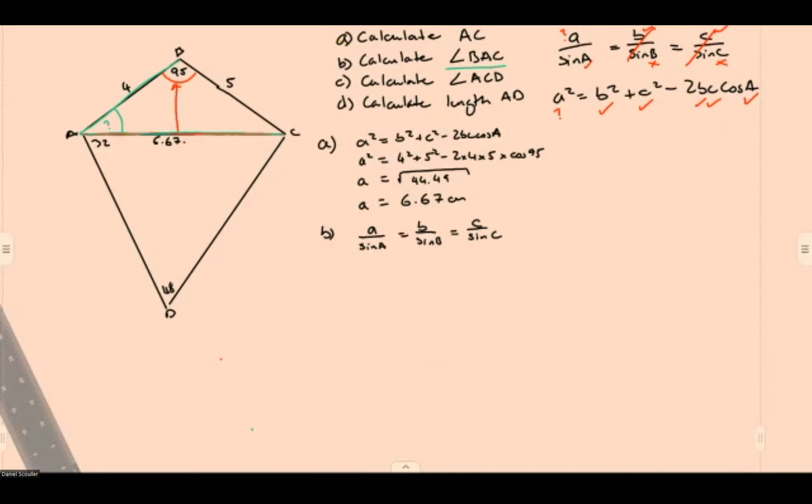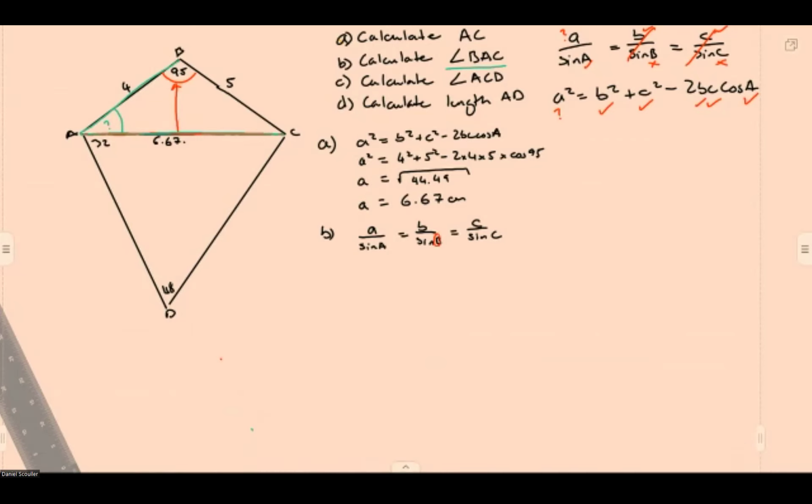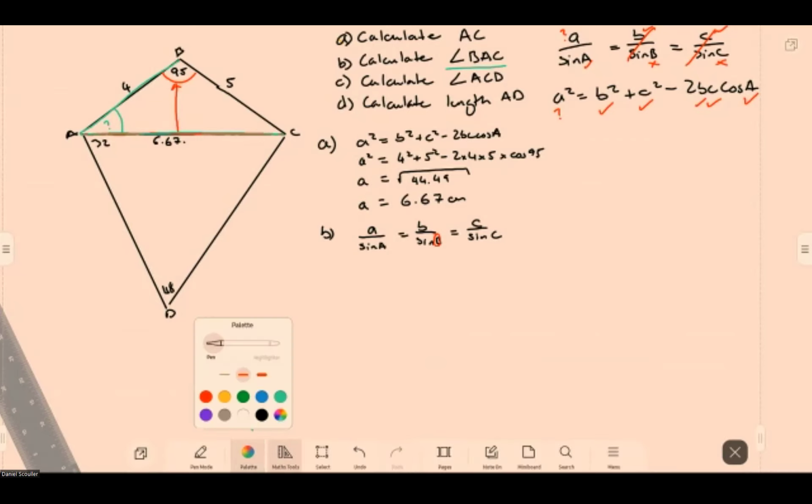Now we're going to want to find an angle. BAC, I'm going to have in this position here. Now we've got an angle 95, so I'm going to have that as my angle A. So my side A will be my 6.67.